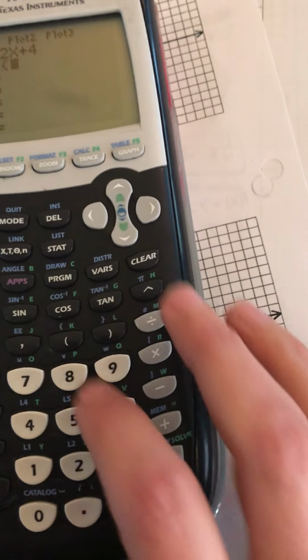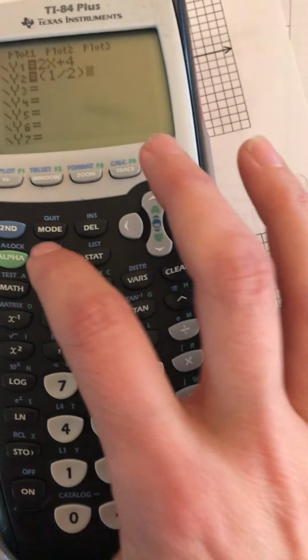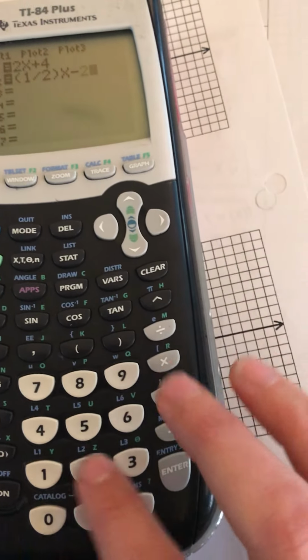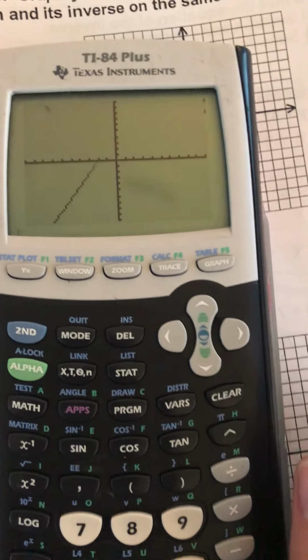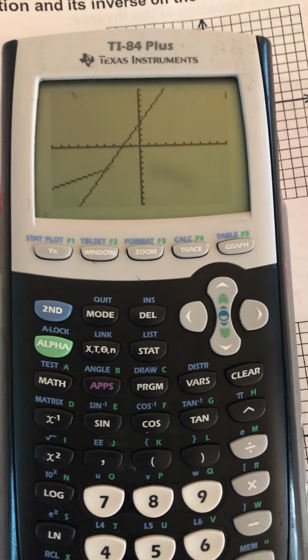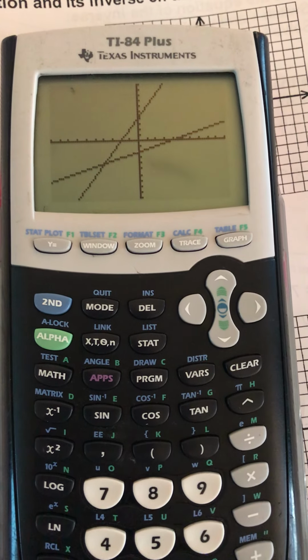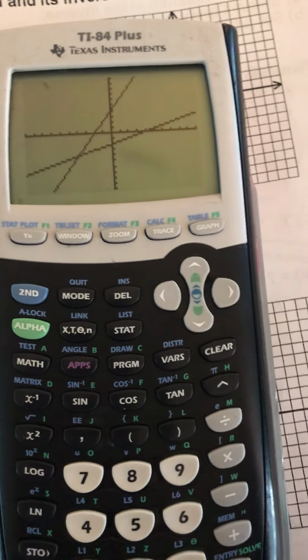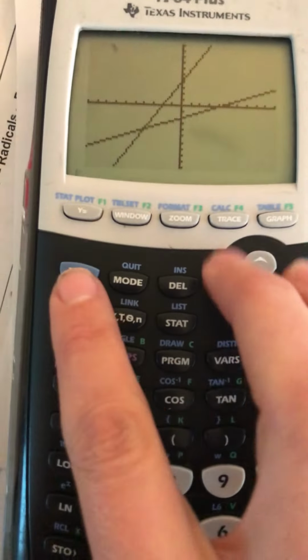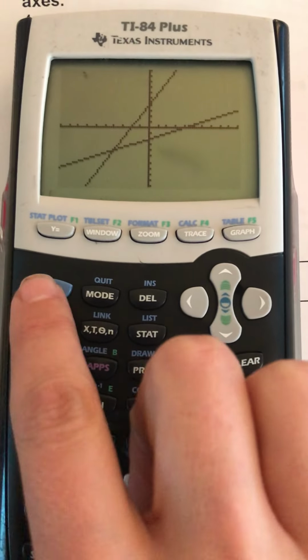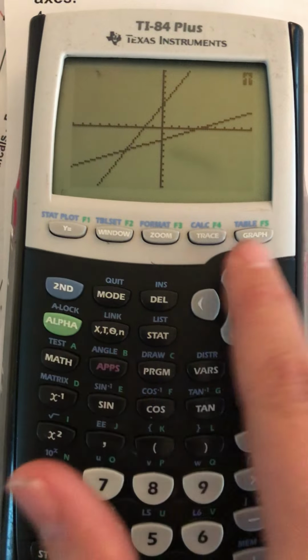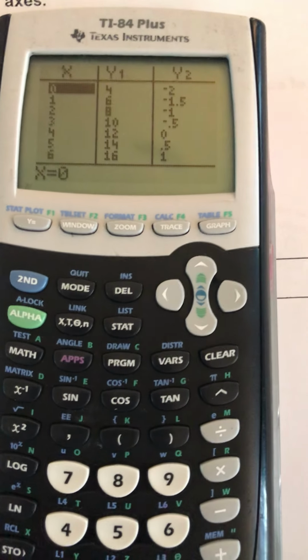So parentheses, 1 divided by 2, x minus 2. And I'm going to graph it. All right. So there it is. You can zoom in or out, but you can draw this graph over here. You can go to your table if you need to, which is second graph. You can look at your table.